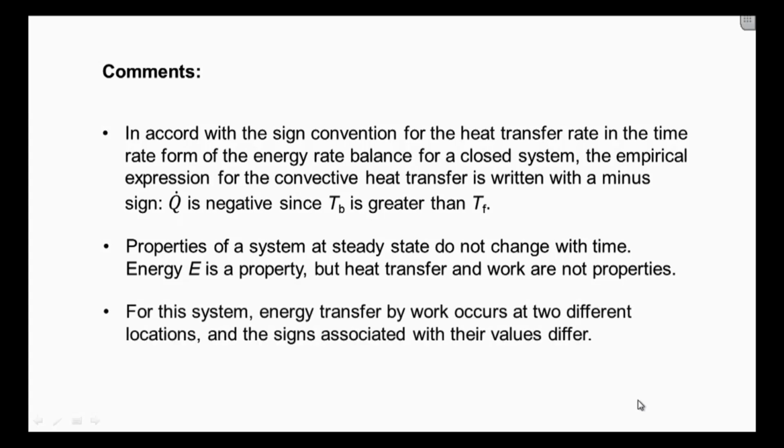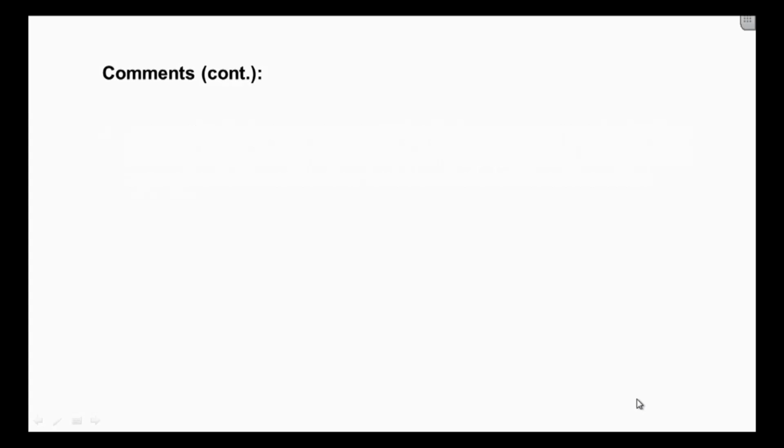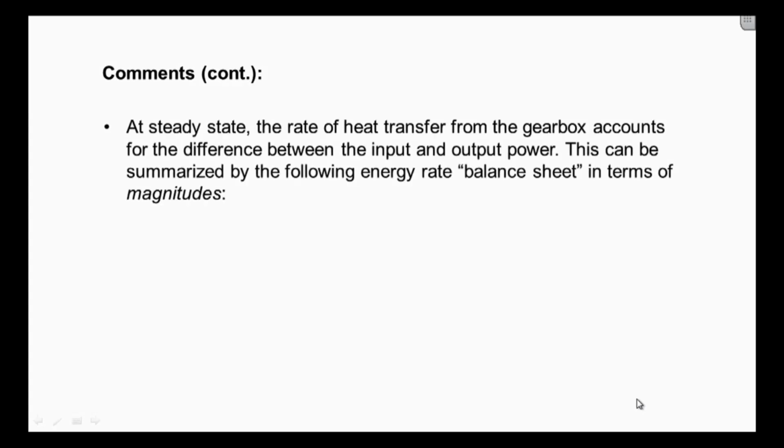Finally, for the system, the energy transfer by work occurs at two different locations and the signs associated with their values differ, minus at the input and plus at the output. At steady state, the rate of heat transfer from the gearbox accounts for the difference between the input and output power. This can be summarized by the following energy rate balance sheet in terms of magnitude.